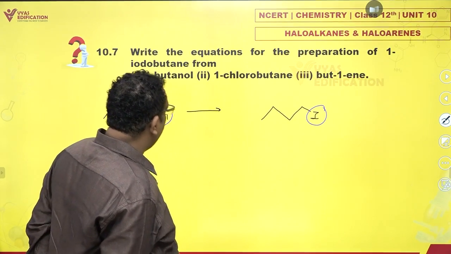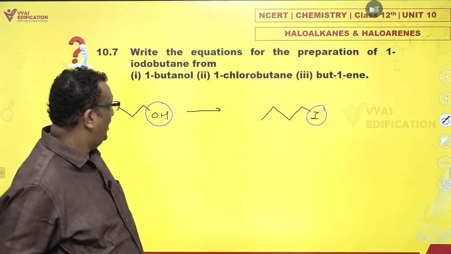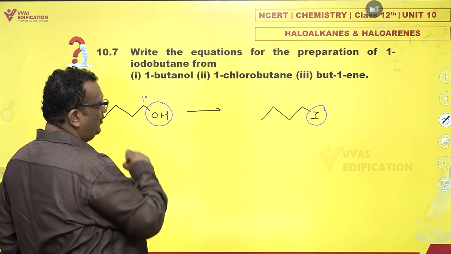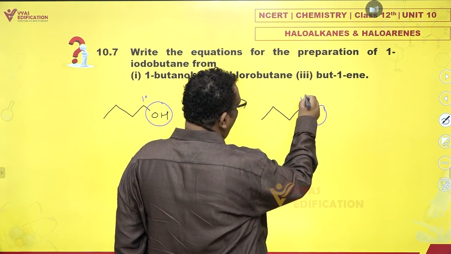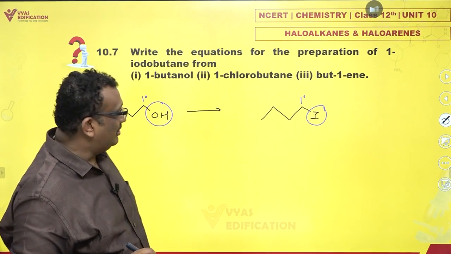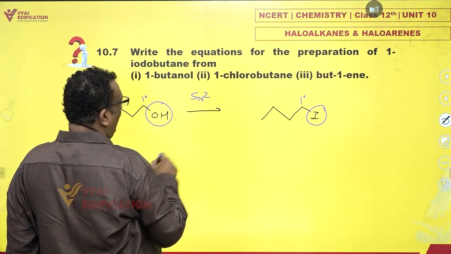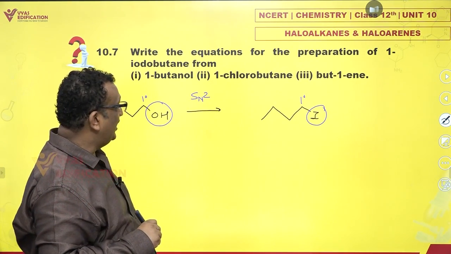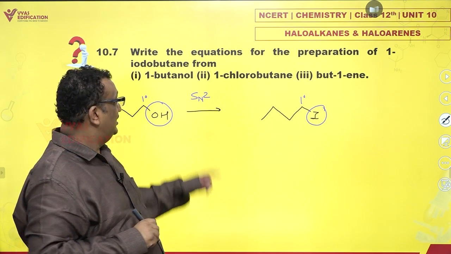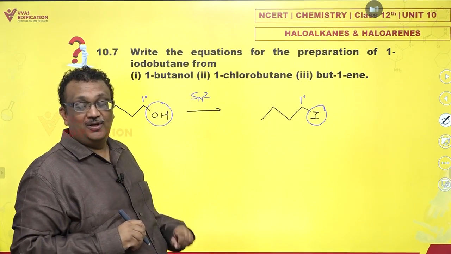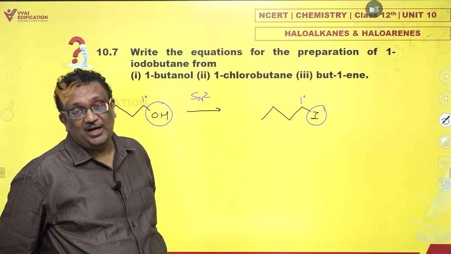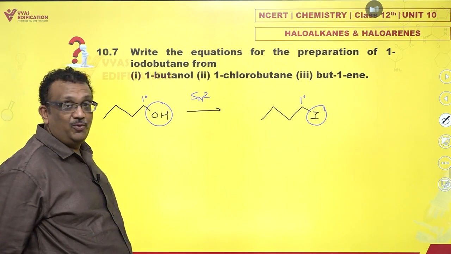So it seems like nucleophilic substitution. And this is primary carbon. Now, if you want primary to primary, it clearly indicates SN2 mechanism, and we are using nucleophile as I minus. So what could have been a possibility?